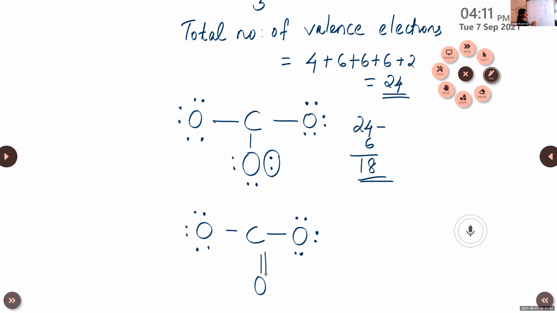Here the double bond is between this oxygen and carbon, because 2 more electron pairs are shared between carbon and oxygen. Then we can draw the remaining 4 electrons, that means 2 pairs of electrons.